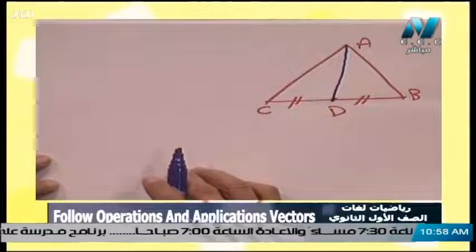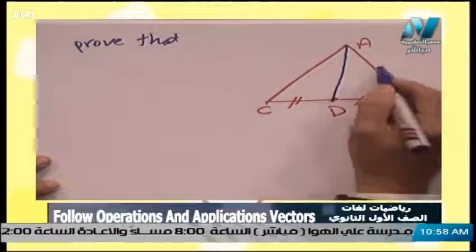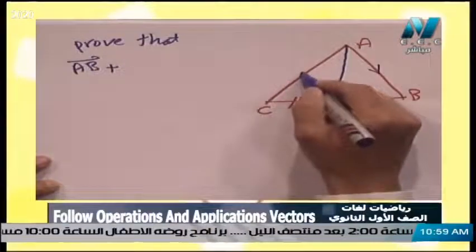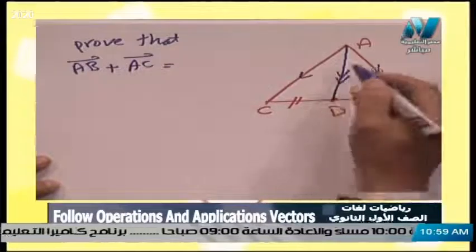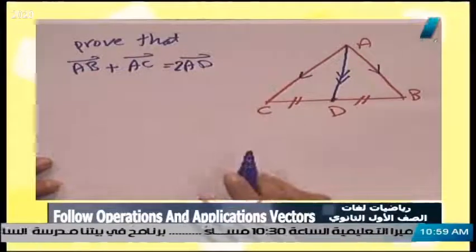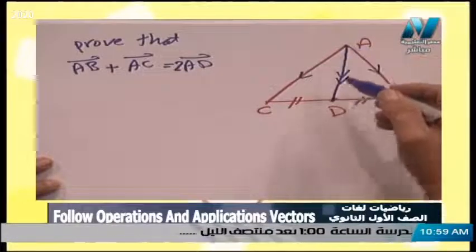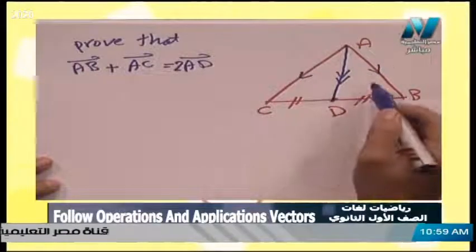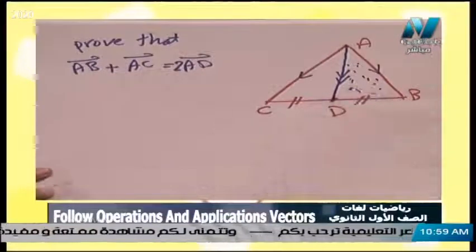And the request is to prove that the vector AB plus the vector AC equals double the vector AD. So we have a vector and another vector, and the vector which is the median of this triangle. Okay, we will get this from the two triangles, this one and this one.